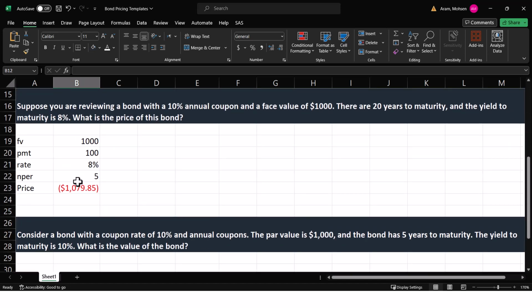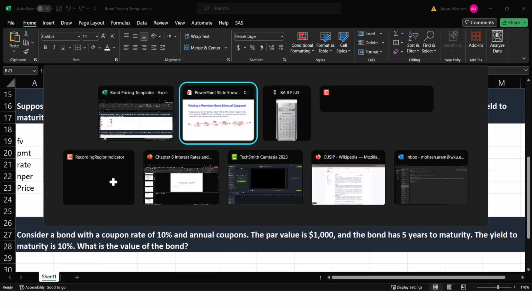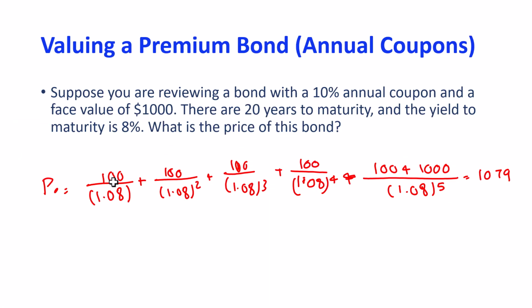Everything is similar to the problem above, except the rate. Since the price of the bond is more than 1,000, we call this a premium bond.